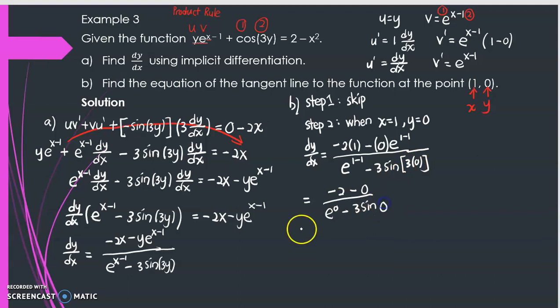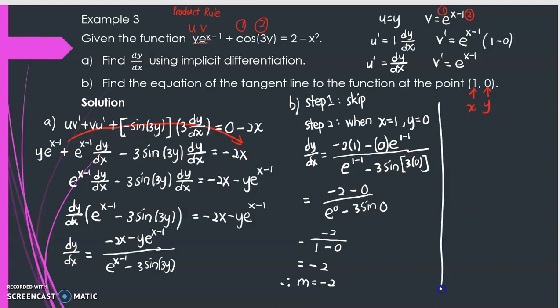So negative 2 minus 0 is negative 2, over e to the power of 0 is 1, sin 0 is 0 times 3 is 0. So here we have negative 2, which means that our m is equal to negative 2.